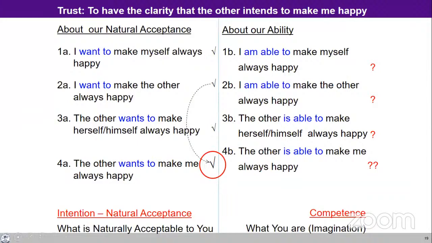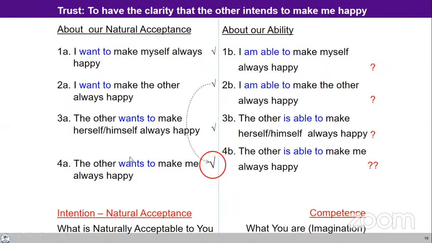When we discuss this example, our intention, our natural acceptance, is what I want to be, but my competence is what I am. So if I see my natural acceptance, I want to make myself happy and I want to make the other happy. But whether I am able to see the intention of the other person, my intention and the other person's intention are the same.